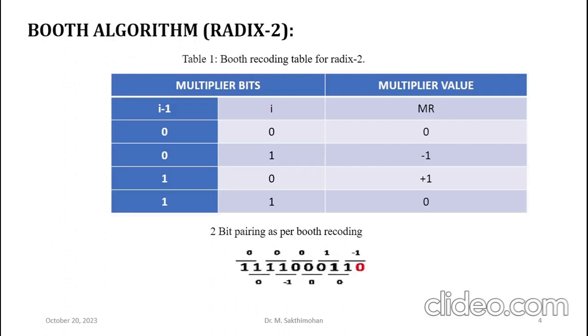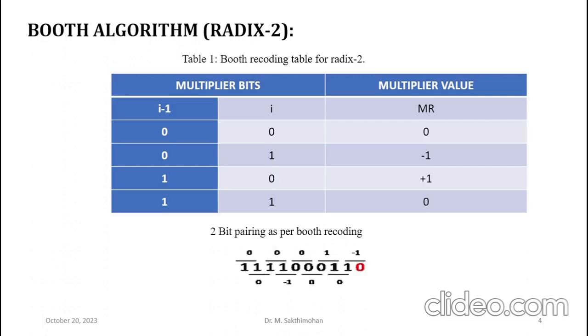Now from the LSB we group the bits by 2 bits. For example, the first group is 0 and 1, the second group is 1 and 1, the third is 0 0, the fourth is 0 0, the fifth is 0 1, the sixth is 1 1, the next is 1 1, and the final one is 1 1. Now with the help of the above table we write the output multiplier bits.